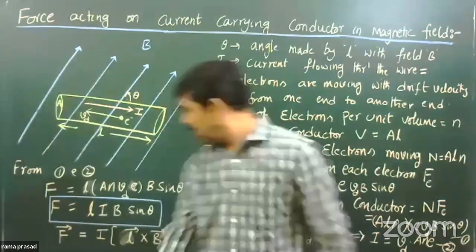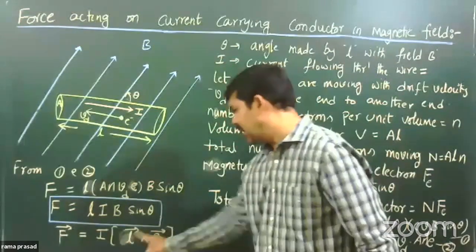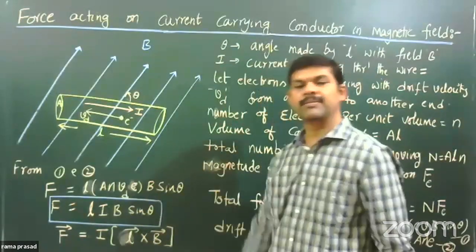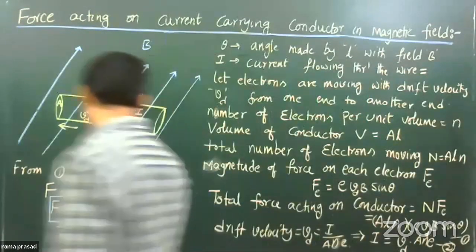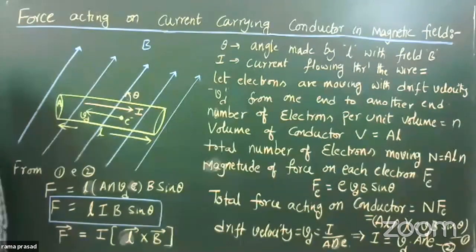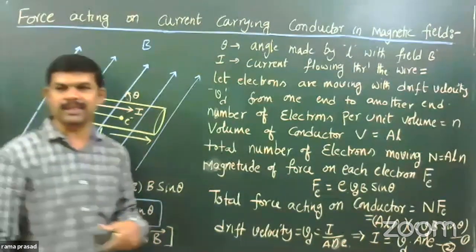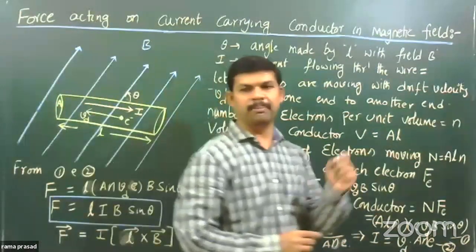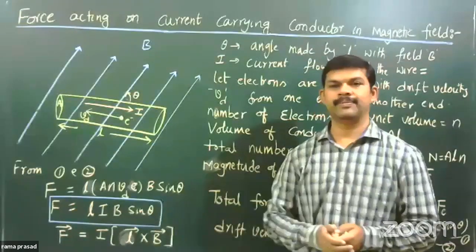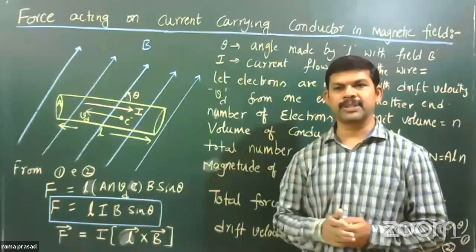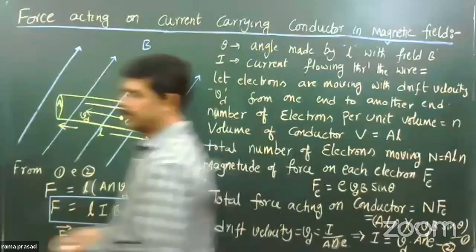I L cross B, right? This is its vector form. So L I B sin theta or B I L sin theta, you can easily remember B I L sin theta. One of the very important questions. Come on, note down.